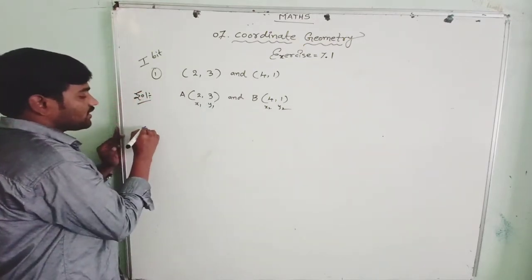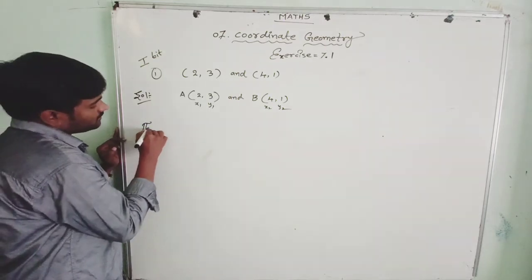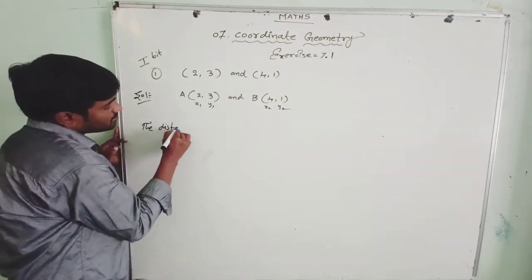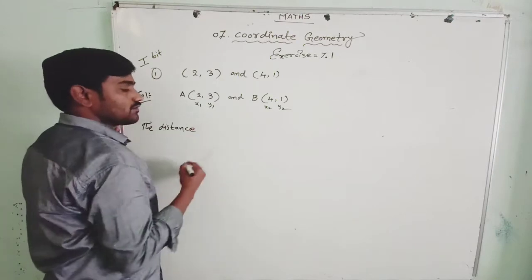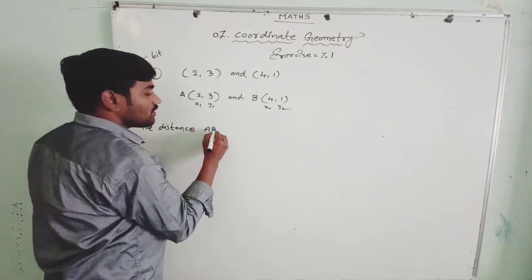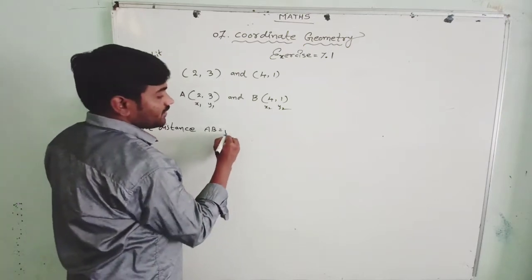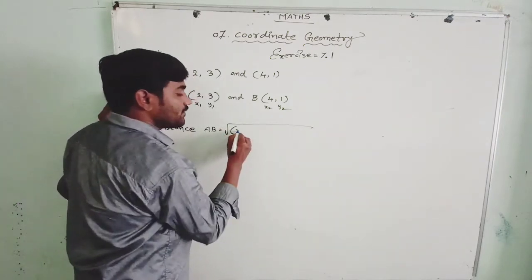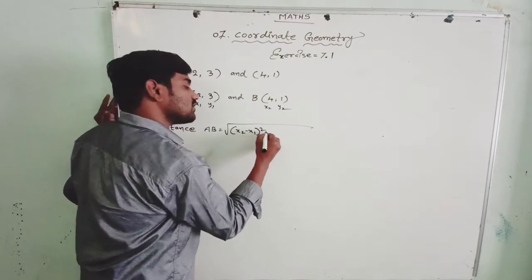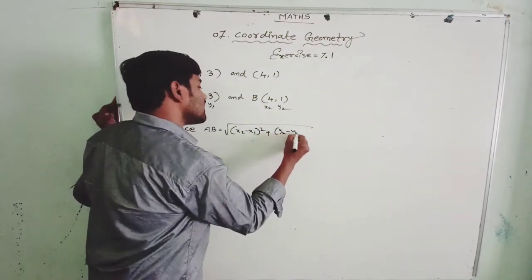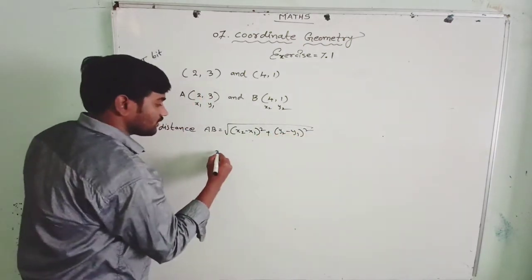The distance formula: the distance between A and B is equal to the square root of (x2 minus x1) whole square plus (y2 minus y1) whole square.